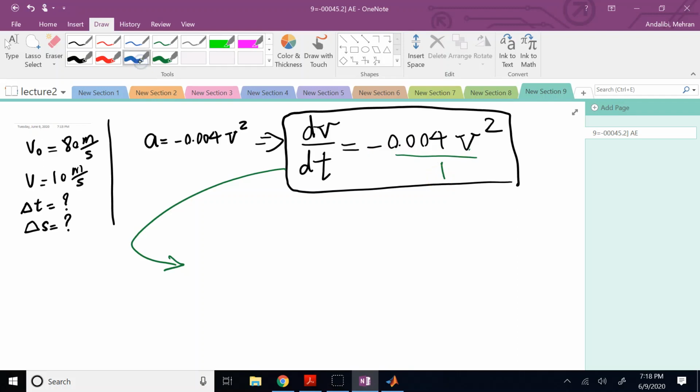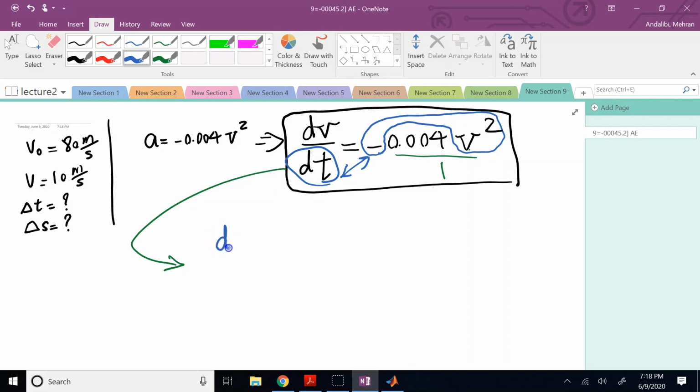And now I change the position of the negative v squared and dt. I can do that when two ratios are equal.